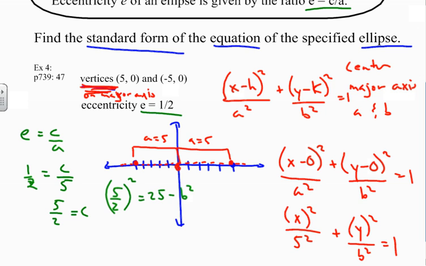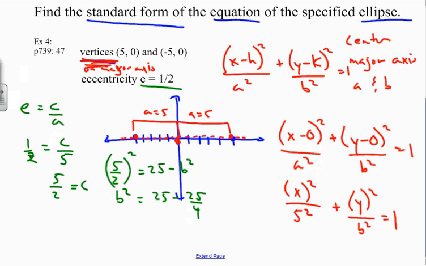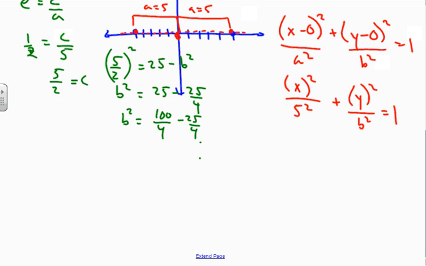Solving for b, we have 25 minus 25 fourths equals b squared. Solving a little farther, we take 100 in common denominator, minus 25 fourths equals b squared, and b squared equals 75 over 4.